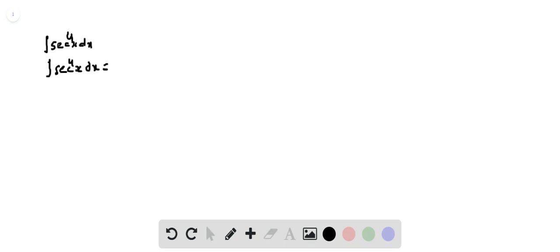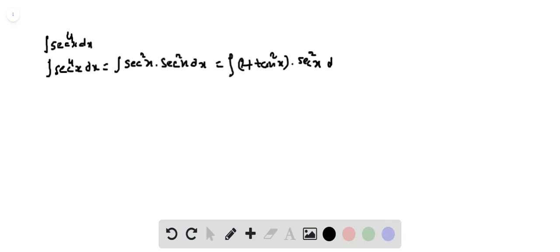dx equals integral of secant square x into secant square x dx, that equals integral of, we know that secant square x is 1 plus tan square x into secant square x dx.